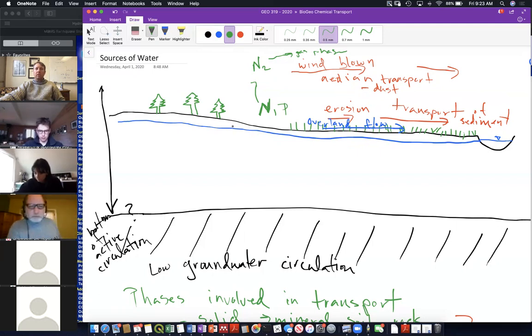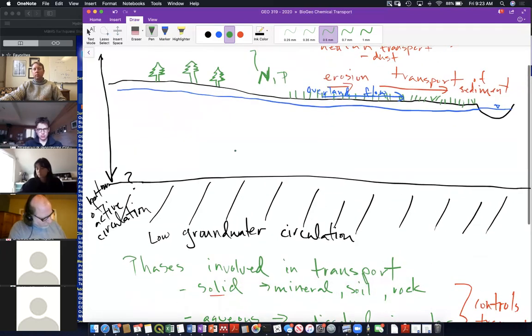Okay, so now let's think about other ways that nitrogen can get transported in the subsurface, and phosphorus to a lesser extent. Both of these can get dissolved and put into the aqueous phase. All right, so let's think about some water that falls on our crop.